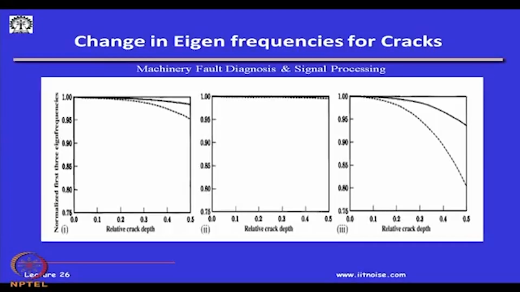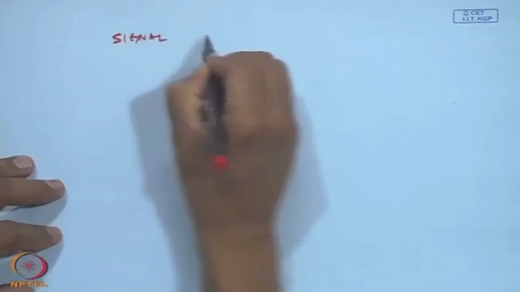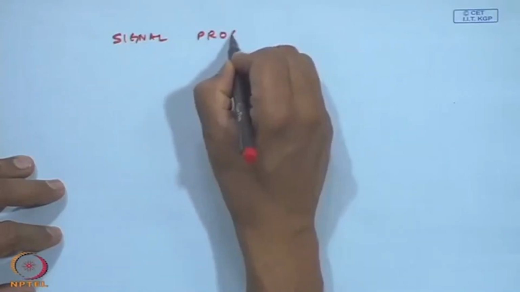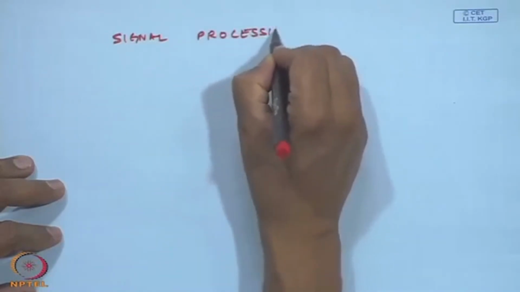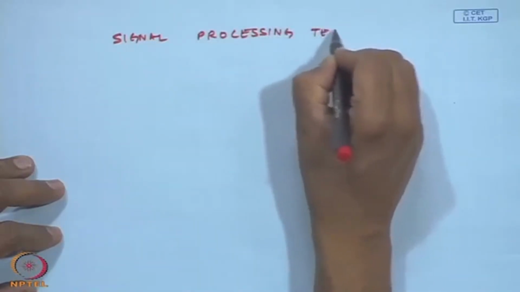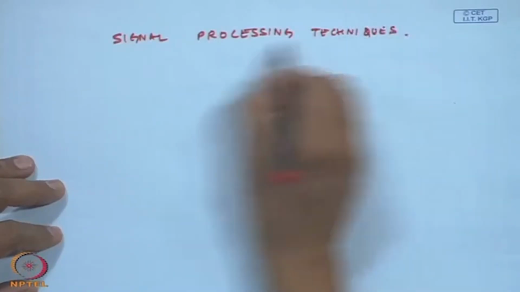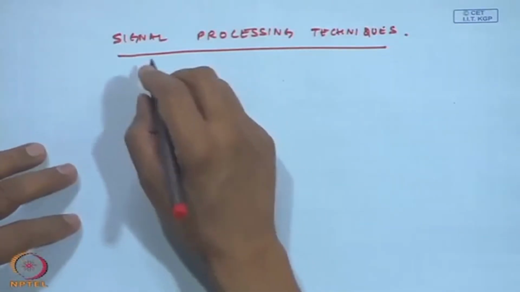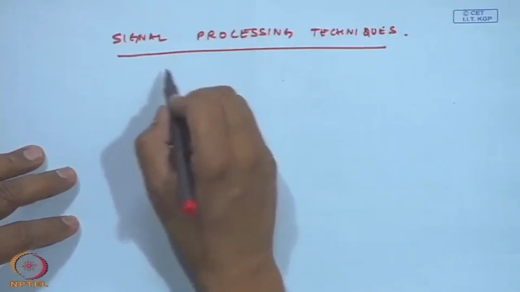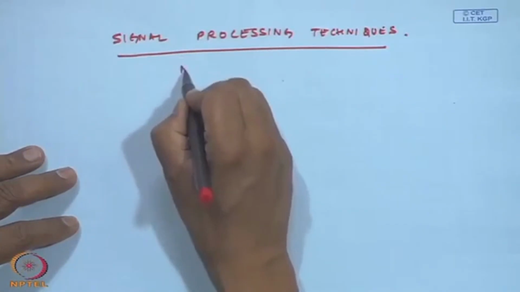Now, a lot of signal processing techniques have been used to detect cracks also. Particularly, though, in this class we are not going to discuss the details of non-stationary signals.